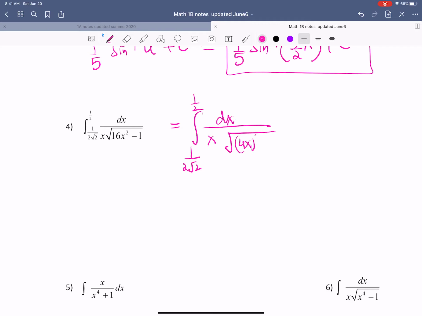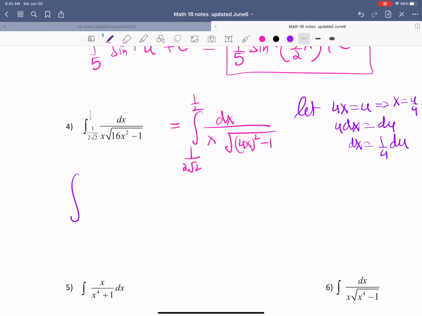I'm going to write it as a perfect square. Instead of writing 16x squared, I'm just writing square of the 4x. Okay, so I'm going to let 4x be u, 4 dx be du, dx be 1/4 du. And I can also say from here, x would be u over 4.